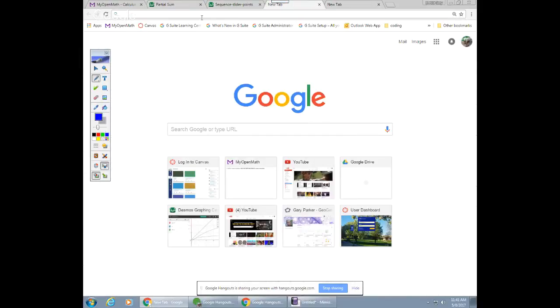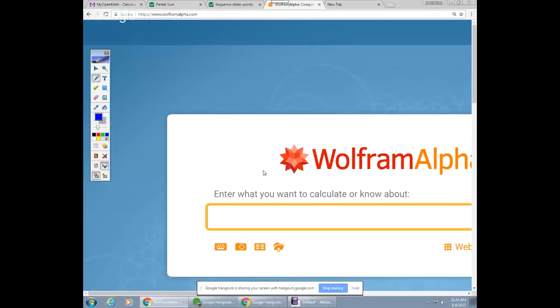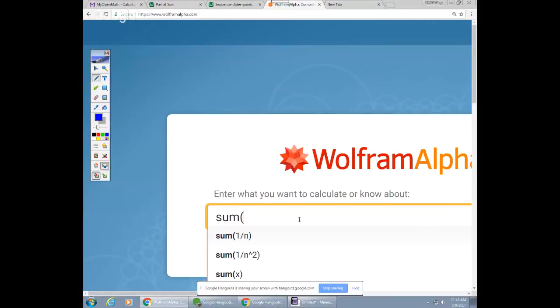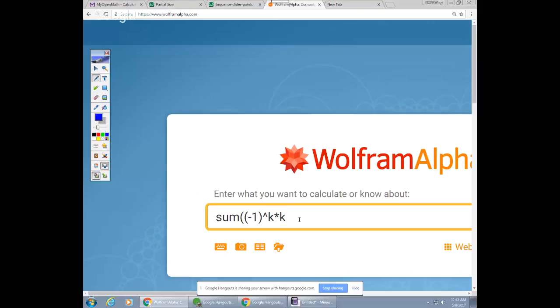So I'm going to go to my favorite spot for lots of decimal places, Wolfram Alpha. So we want the sum of (-1) raised to the k times k over 3 to the k, as k goes from 0 to 100.